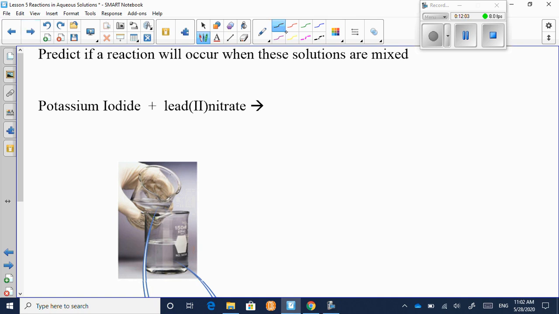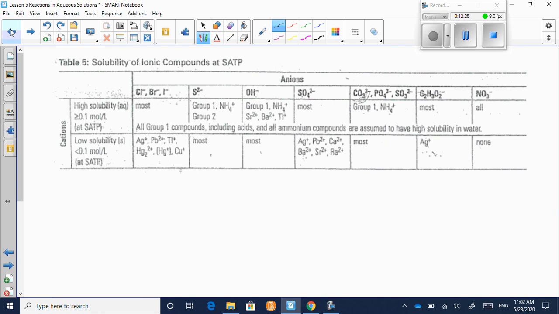Let's try this one. It says potassium iodide plus lead 2 nitrate. Remember that a possibility here is that no reaction could occur, but let's use our solubility guidelines and figure this out. I'm going to write KI, and go to my solubility guidelines. Iodide is right there, and K is not in the second row, so I know that it's aqueous.